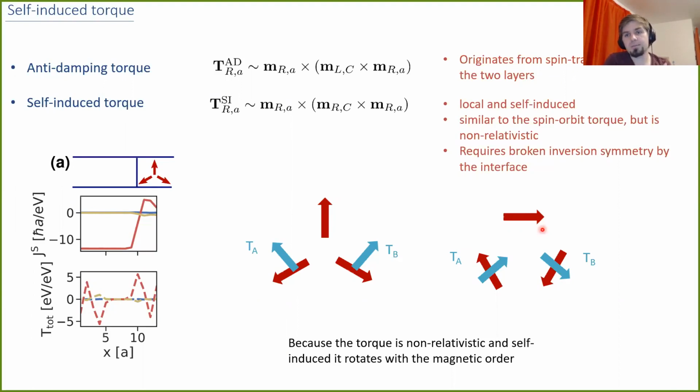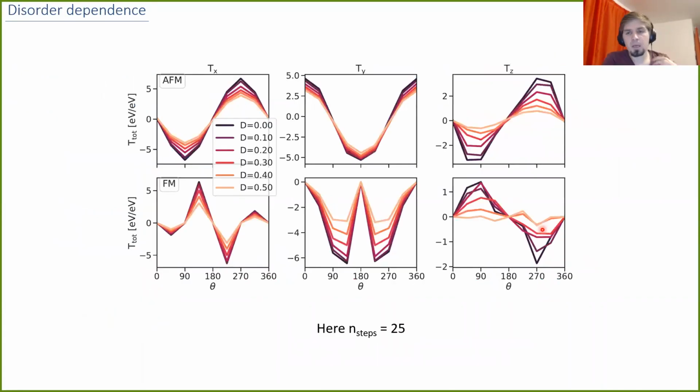What this means is that it's probably quite hard with this torque to do deterministic switching between two stable states, because the torque will never vanish, it will always be there. So I think it will tend to lead to something like persistent oscillations, and I will show some basic dynamic simulations. Now, the main motivation of these calculations was actually to look at the disorder dependence.